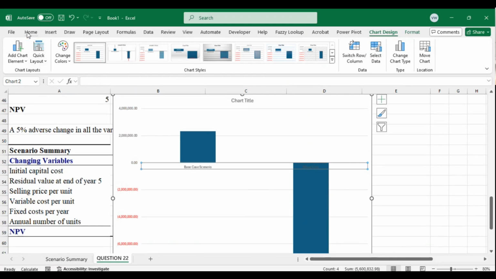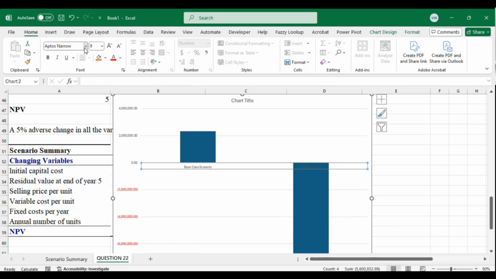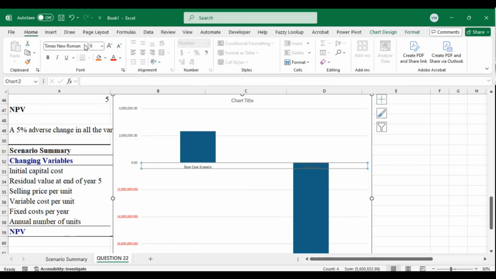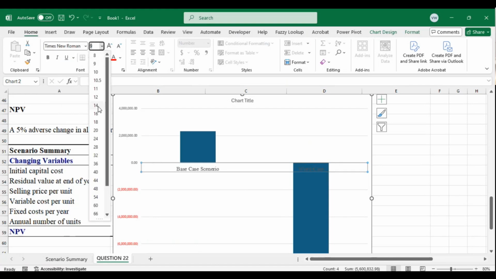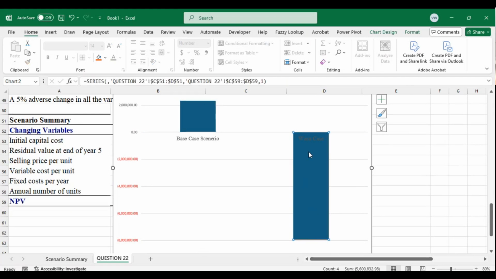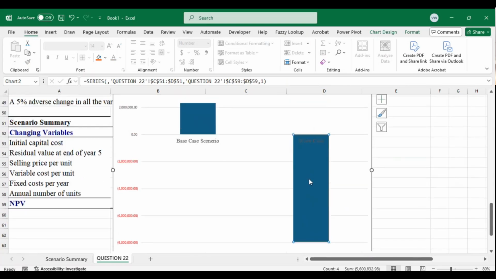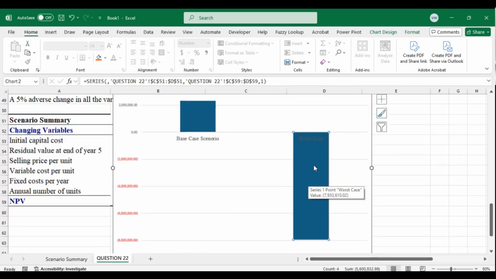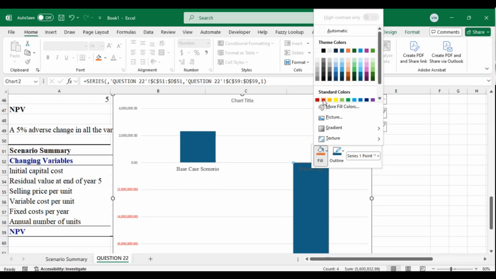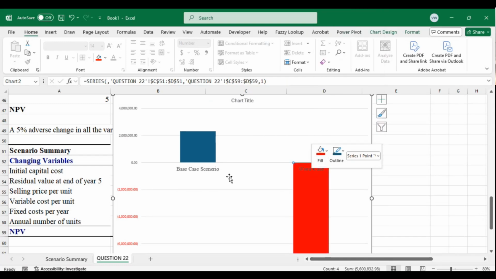So let me try to increase the size of this. And let me change this color. If I double click on this, it will only highlight the lower column. So then I give it a different fill. Let me give it a red fill so that we show that this is the worst case.